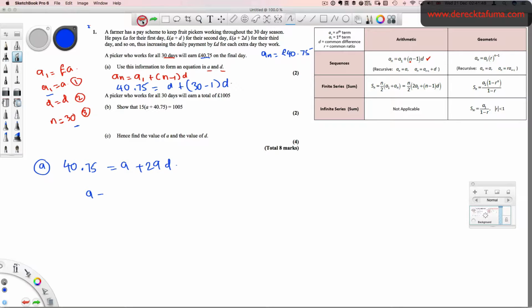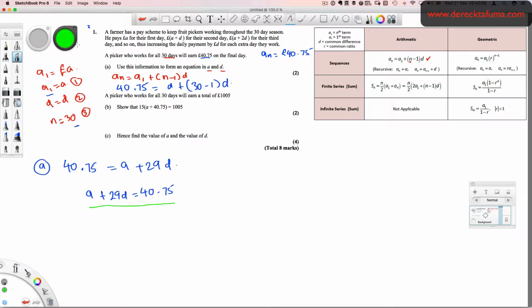You can leave it as A plus 29D equals 40.75. We can change to green to underline this. Okay, so that's part A done.